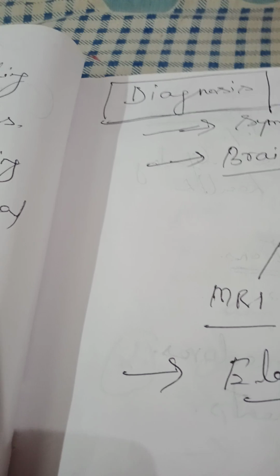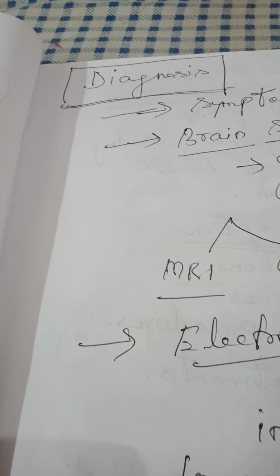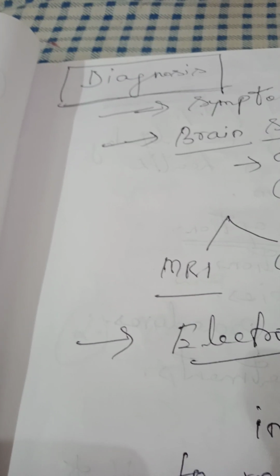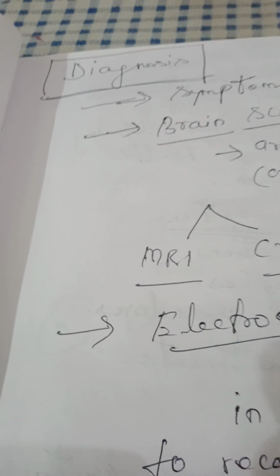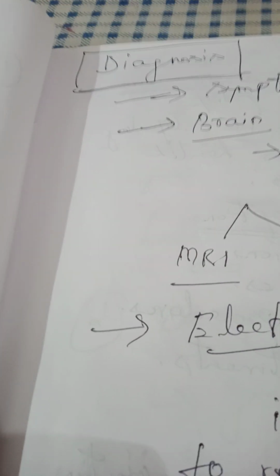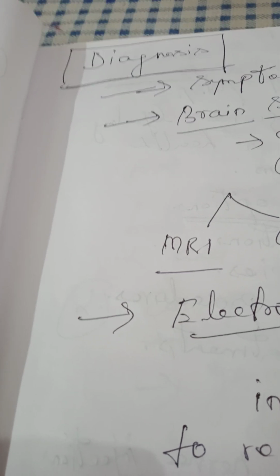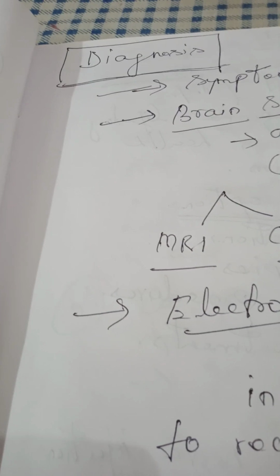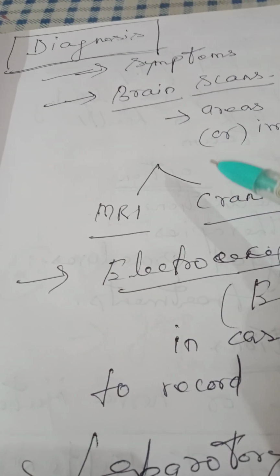With brain scans, we can evaluate the areas of damage or irregular brain development.